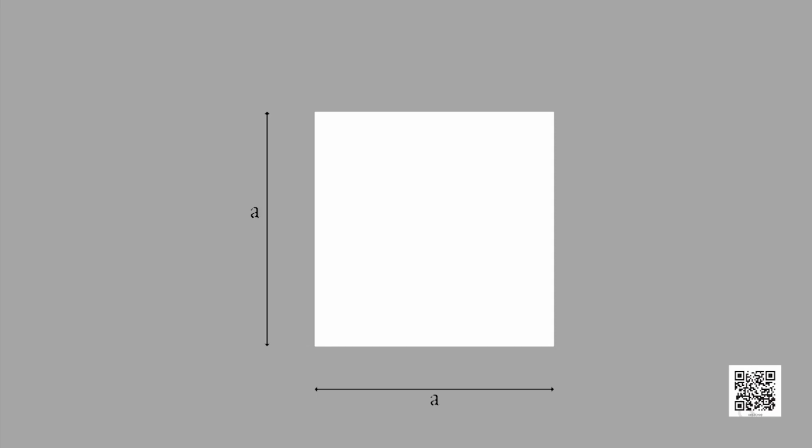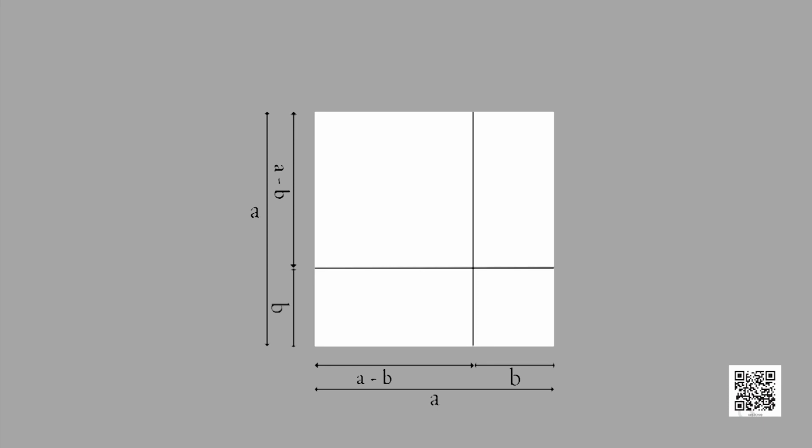Let us see the geometrical interpretation of the identity 2, that is (a minus b) whole square is equal to a square minus 2ab plus b square. Consider the square of length a. Now choose the length b along the sides and mark the point as shown in the figure. Join all the points through straight lines. Now cut the square along these straight lines. On cutting, we get 4 different parts.